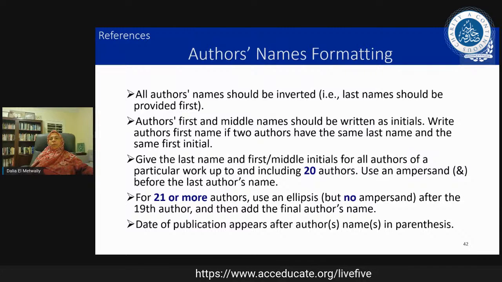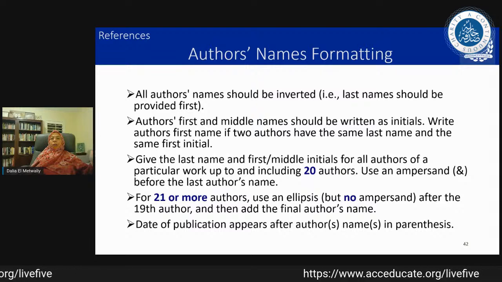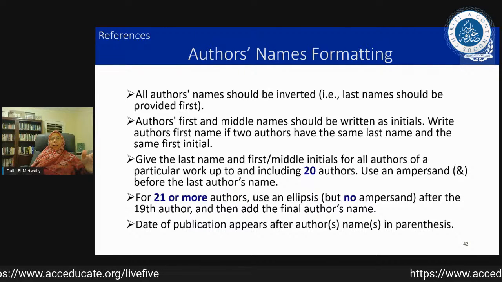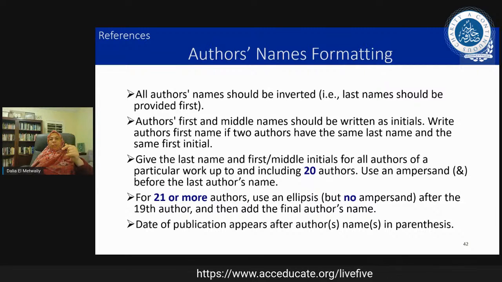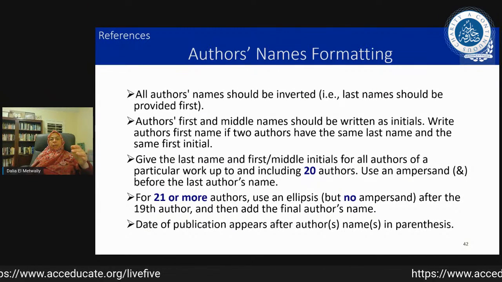Practically, if we have 20 authors, we are going to write all of them, and right before the 20th, after the 19th, we're going to use the ampersand. So we're going to have the last name and first initial, last name, first initial, and then we are going to put the ampersand in there.